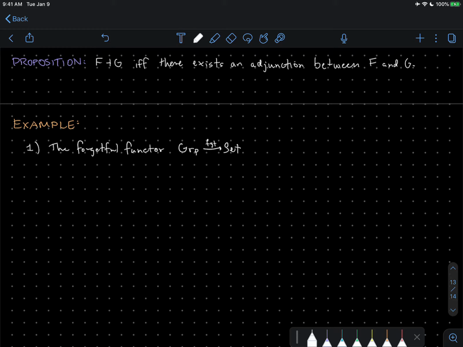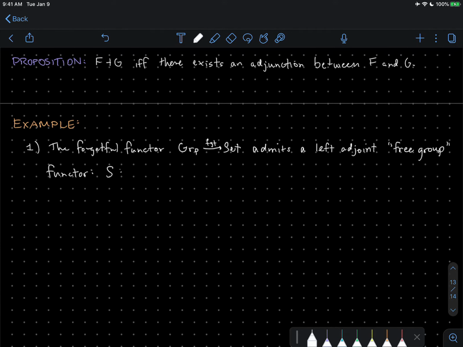Usually we write FGT for forgetful functors. So this forgetful functor admits a left adjoint, called the free group functor.